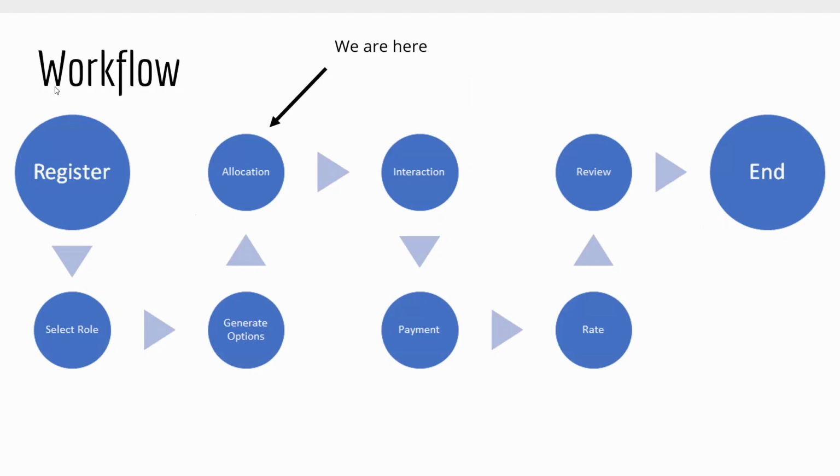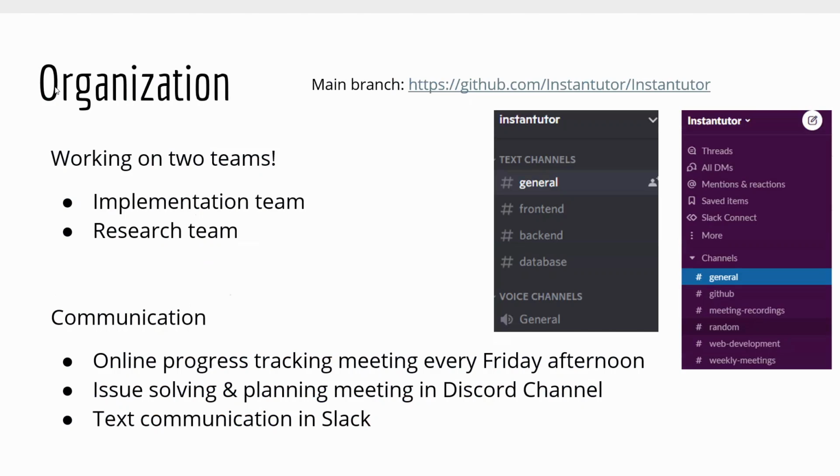And for the organization during this semester, we are working on two teams, one for implementation, one for research. I will further introduce the team members and the achievements of these two teams in later slides. And for communication, we are using WebEx, Discord, and Slack.